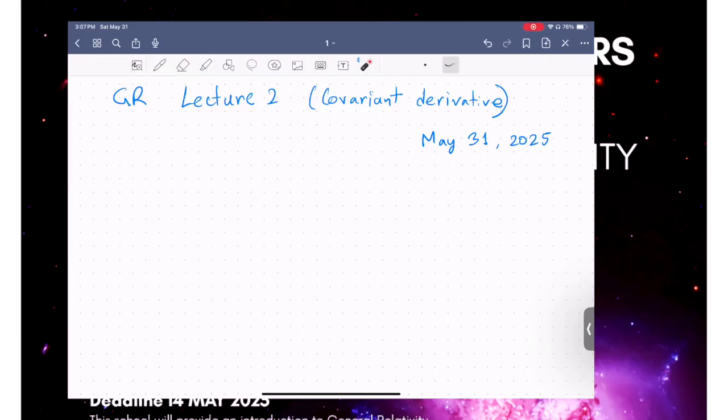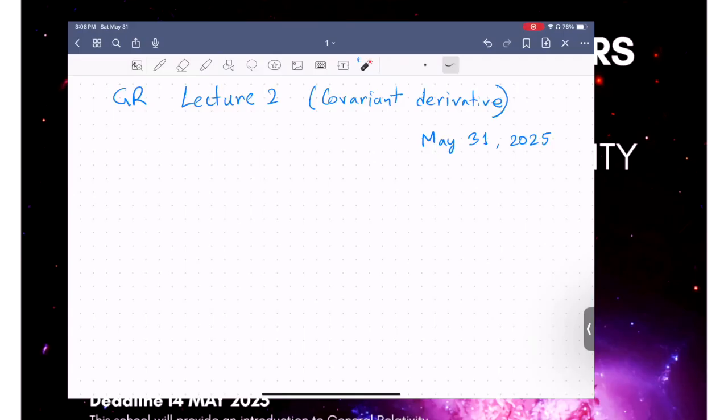Because I assume that many of you are coming from courses such as classical mechanics or classical electrodynamics. And general relativity is also supposed to be a classical theory, so it falls under the area of classical mechanics.